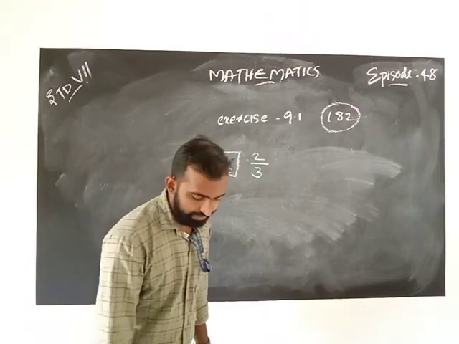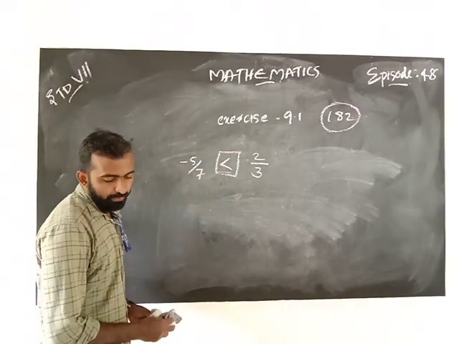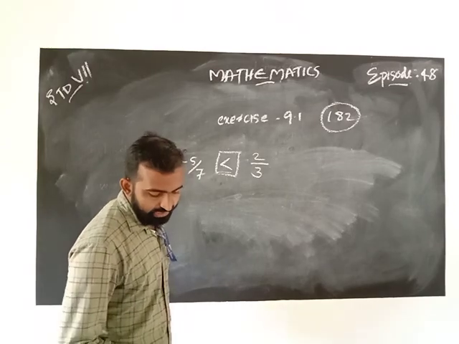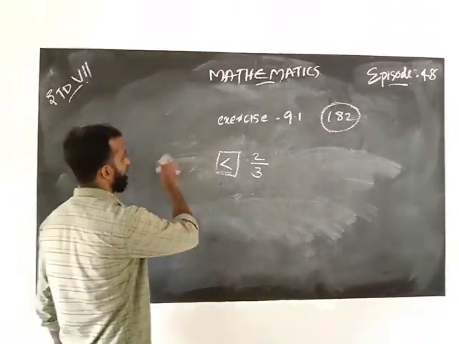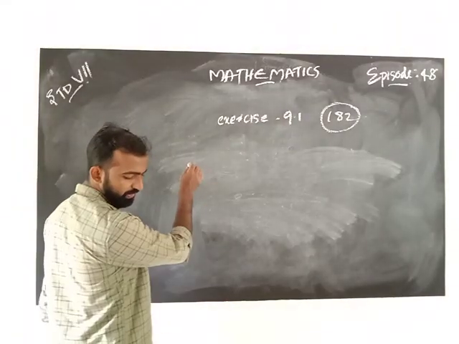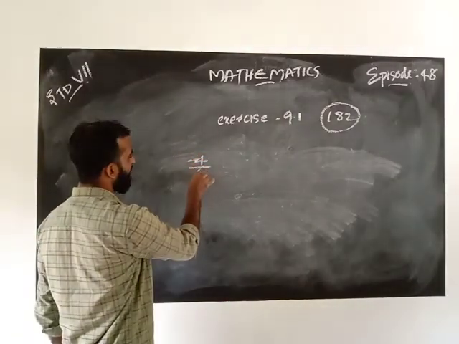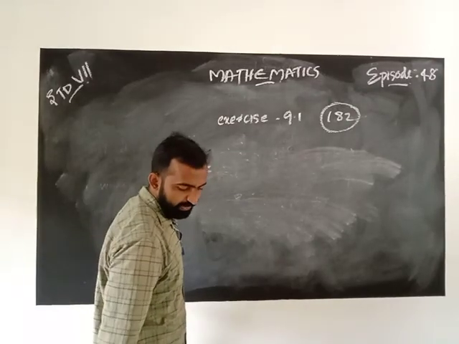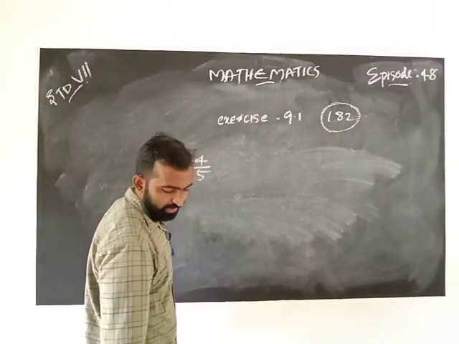And the next one is negative 4 by 5 and negative 5 by 7.